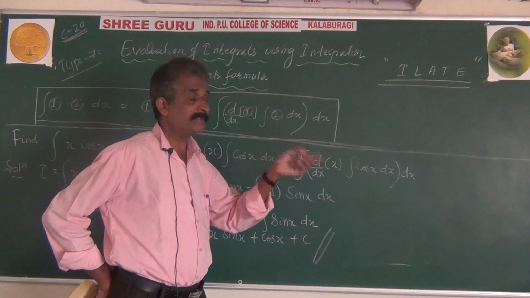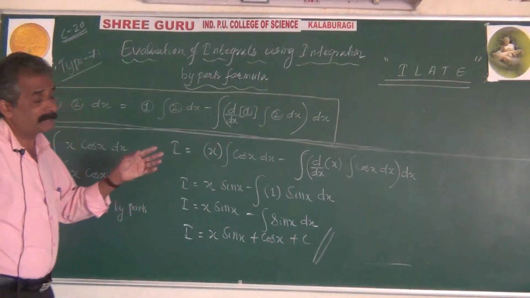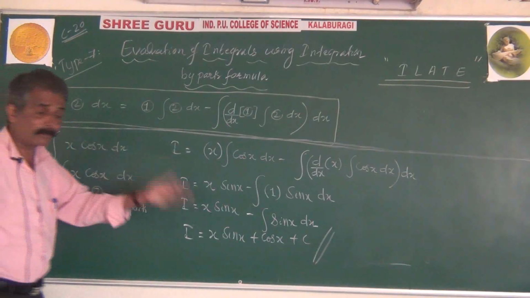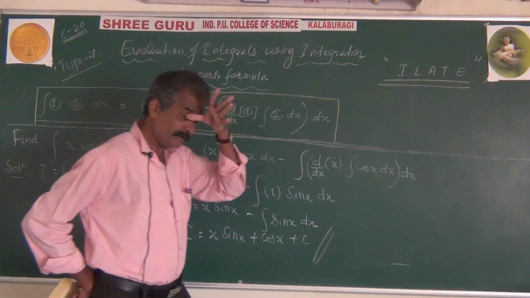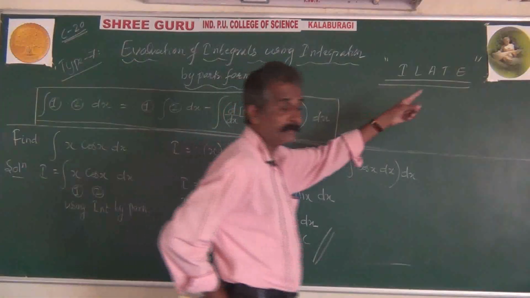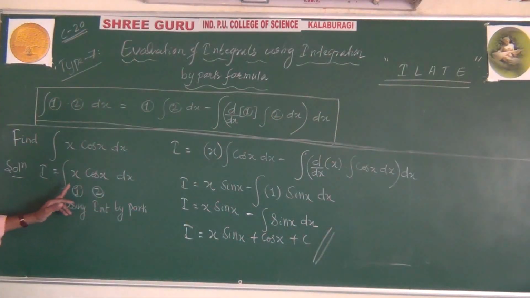And what is integration of x square? X cube by 3. Like this, the power of x goes on increasing, meaning you will not get the end of this problem at all. That's why you must compulsorily take the first function by the rule I laid. And in this problem, the compulsory first function is x, and the second function will be cos x.